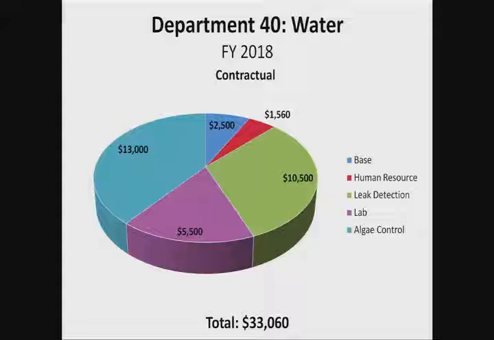We can repair leaks on our own time and hopefully save water and I&I, and reduce the cost of overtime for emergency water line breaks. Just recently, the one on Stonehurst Court had 8 hours of overtime on a Friday night till 1 o'clock in the morning. We believe this leak detection specialist is going to be very helpful with repairing our lines and saving money in the long run, reducing the I&I and the water loss.